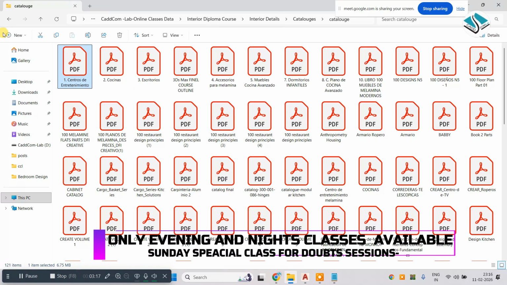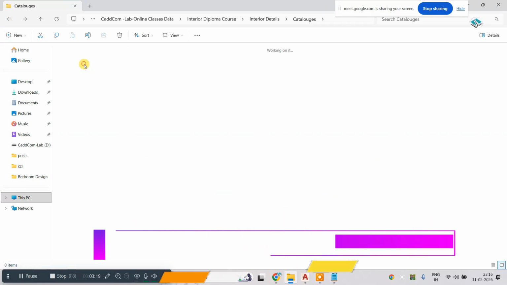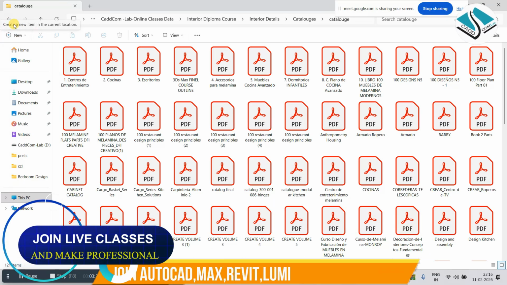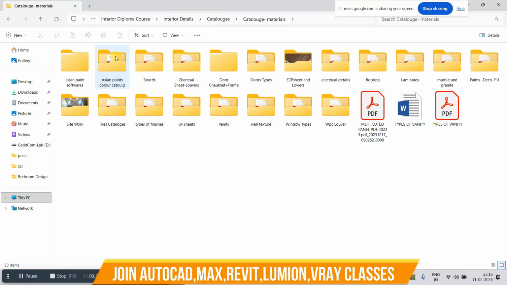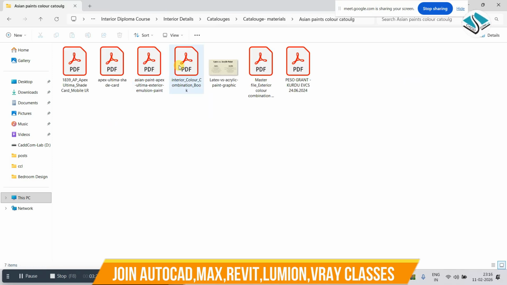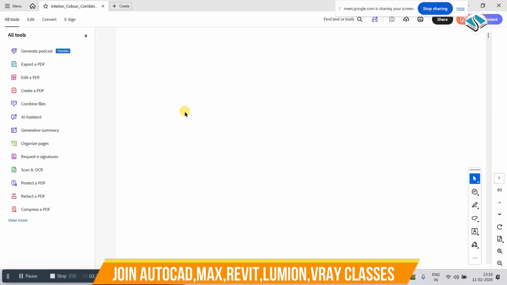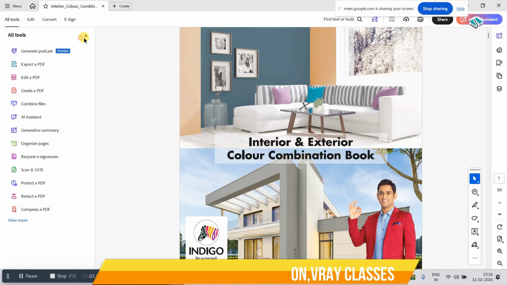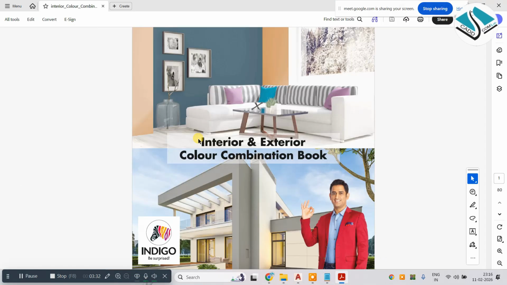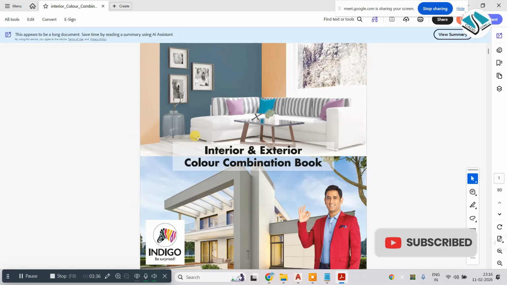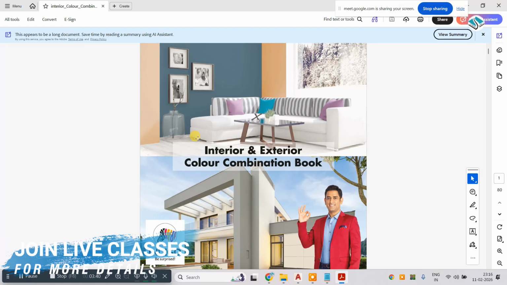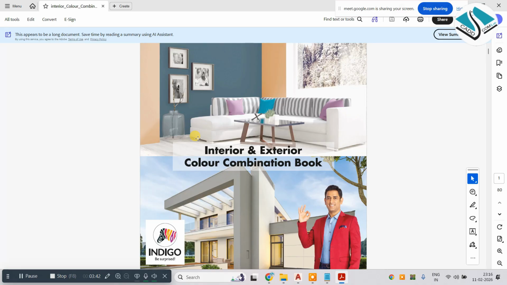Step number one. Also in interior, we choose the color combination on the basis of color catalogs. Every firm has its own color book, like Indigo, Asian Paints.